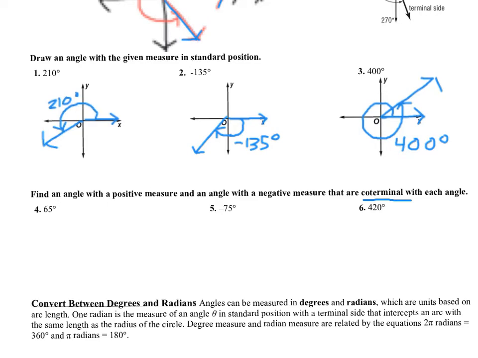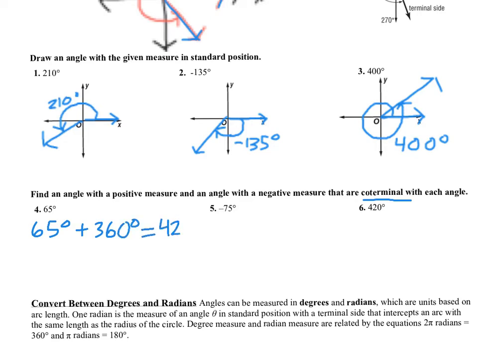So the way to find a coterminal angle, you add one lap or 360 degrees. We know a circle is 360 degrees, so if you go around 360 degrees, you will end up in the same spot. So for number 4, I'm going to take 65 degrees, and I'm going to add 360 degrees.